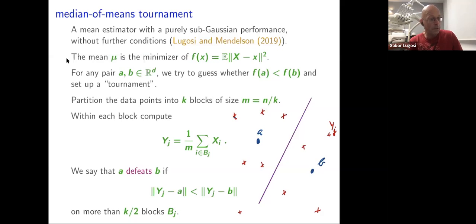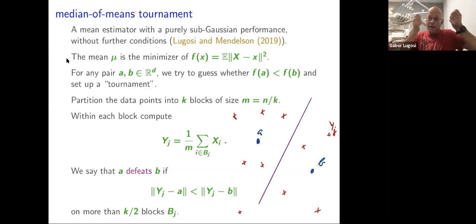Now we say that A defeats B if A is closer to the majority of these block averages. So if the distance of A to y_j is smaller than the distance of B to y_j for at least half of the blocks, this is kind of a median of means type of way of thinking about it.